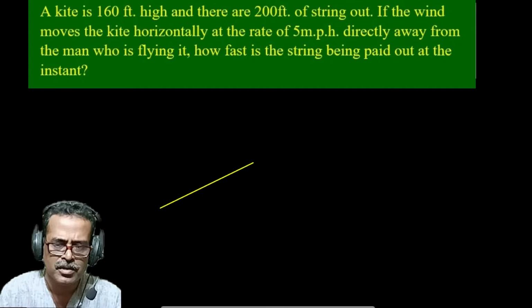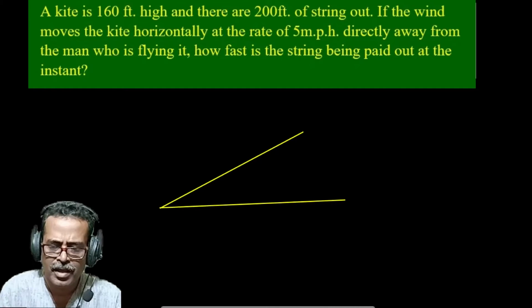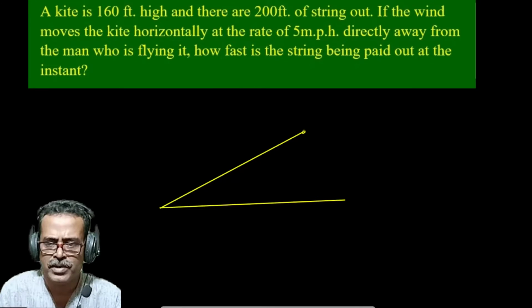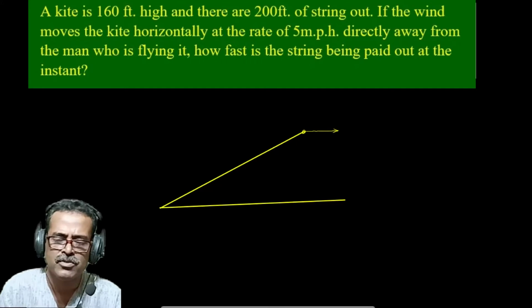Suppose this is the length of the horizontal line, and this is a kite, and wind is blowing horizontally, so it should move in this direction.